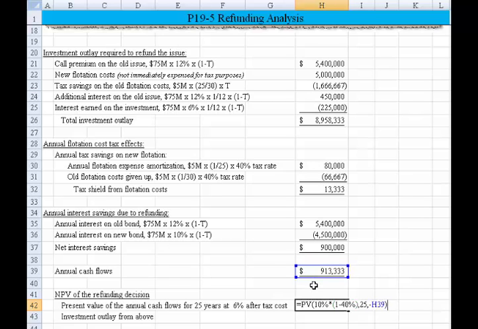You could use a calculator or even a present value interest factors table to come up with this same amount. We come up with a present value of the annual cash flow savings from the bond refunding of $11.675 million. But of course, we have to back off the outlay of the $8,958,333, the total investment outlay from above. When we do that, what are we left with?